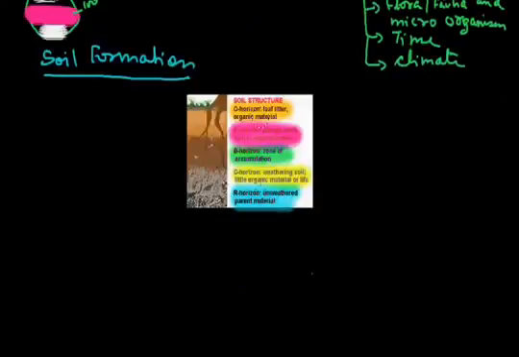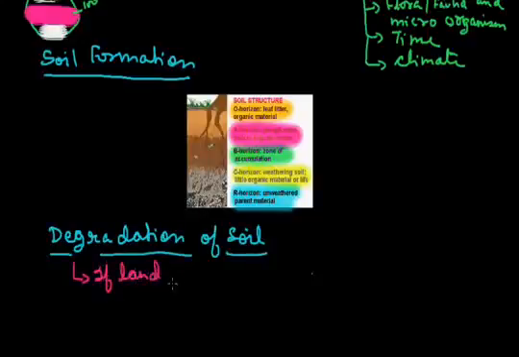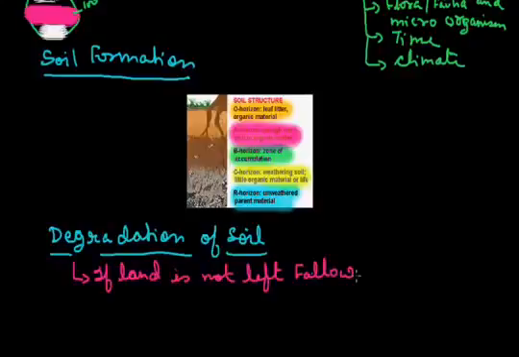Now let us come to the next part of the chapter, which is degradation of soil. Degradation of soil means when the soil is degraded or lost because of many reasons, and loses its fertility.